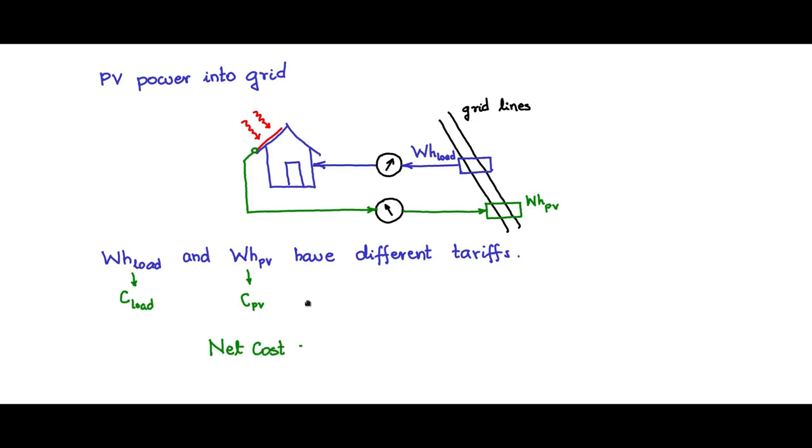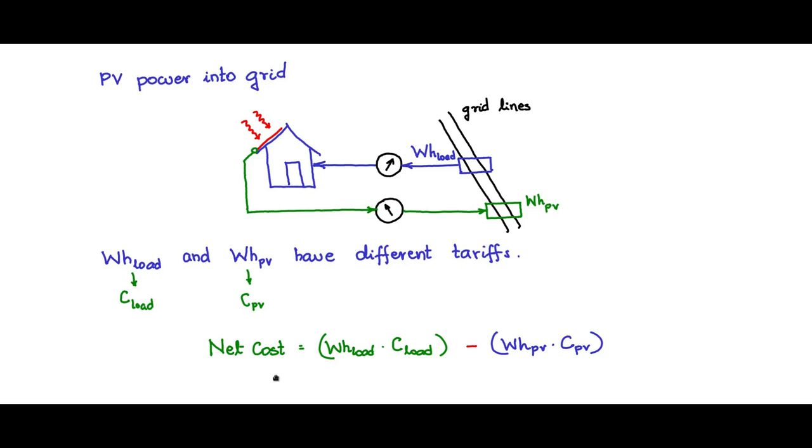So the net cost is given by watt hour load into the cost C load, the tariff C load, minus the watt hour that we are putting into the grid into CPV, the photovoltaic tariff. Now this minus this will be the net cost.